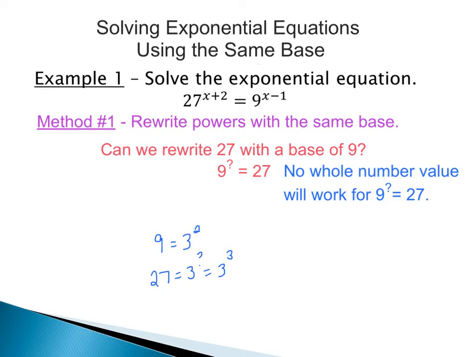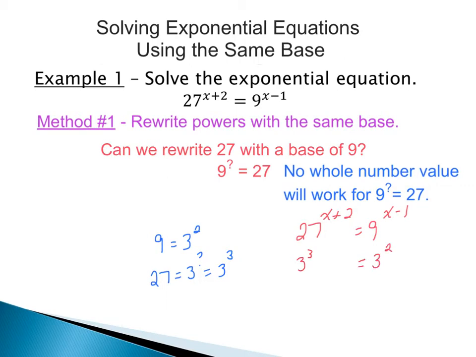So we start off with the 27 to the x plus 2 equals 9 to the x minus 1. So in order to solve this, we need to rewrite 27 as 3 to the third and our 9 as 3 to the second power.